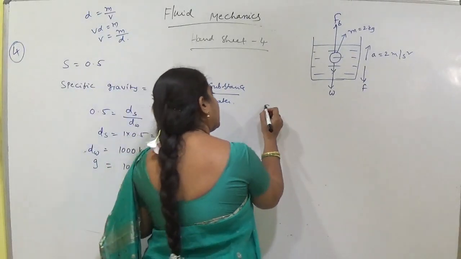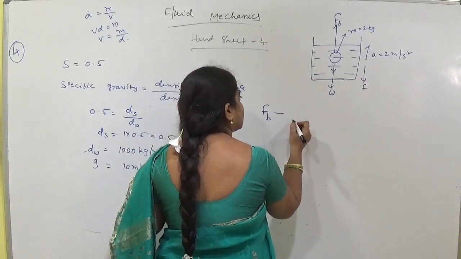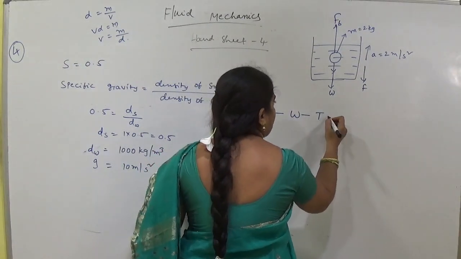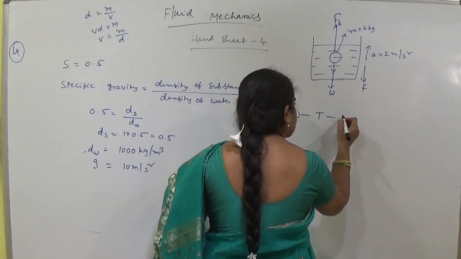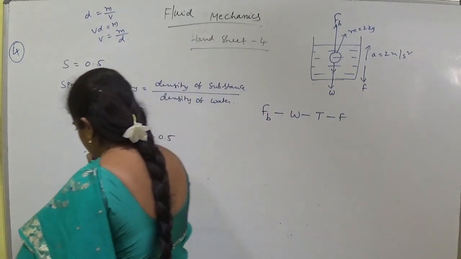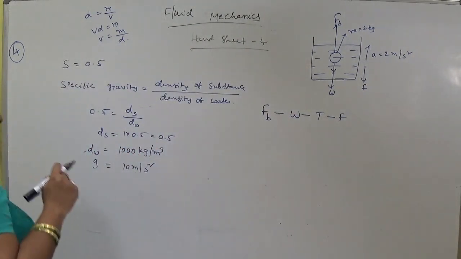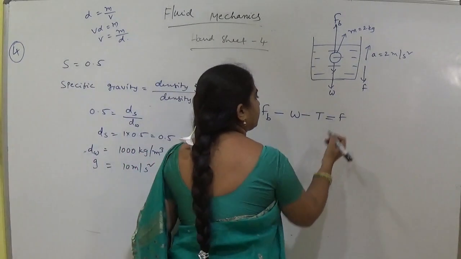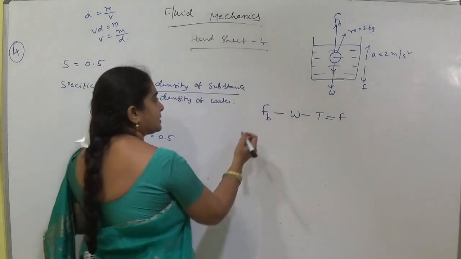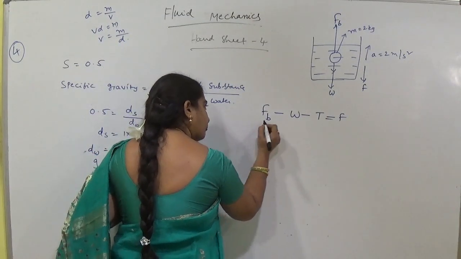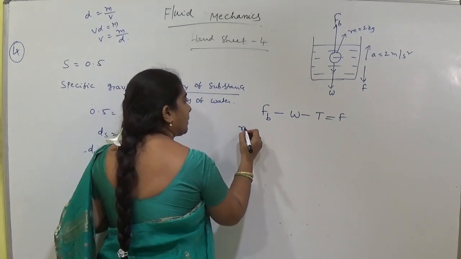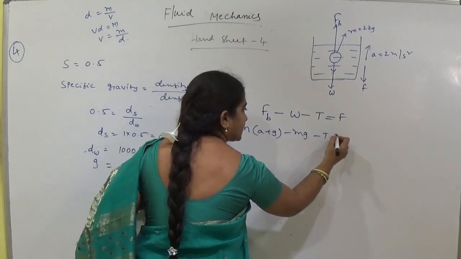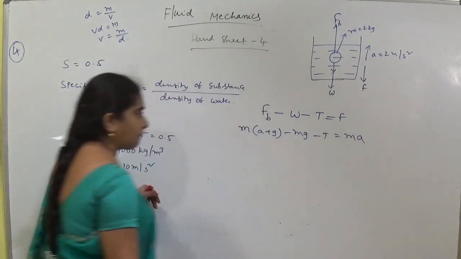So FB minus W minus T is equal to F. So FB is equal to M into A plus G, minus Mg minus T is equal to Ma.